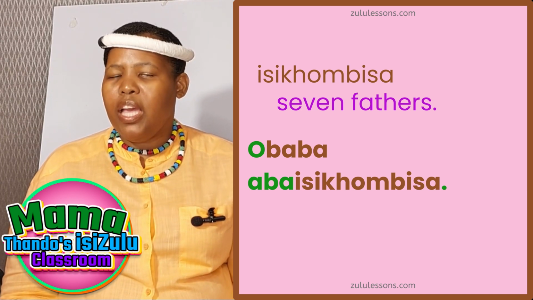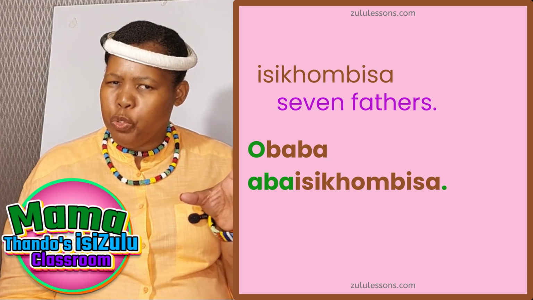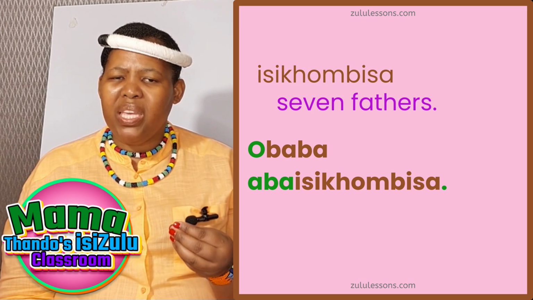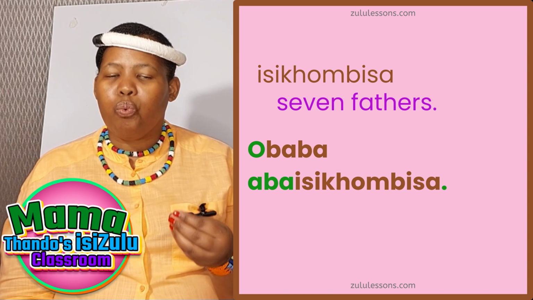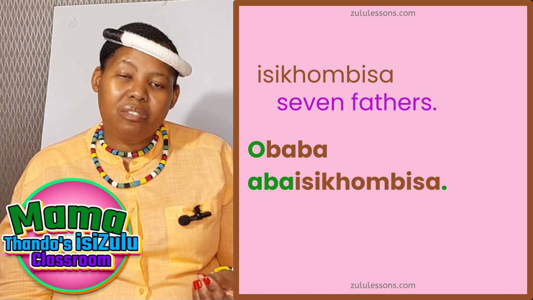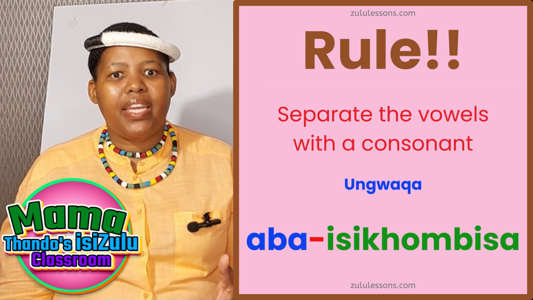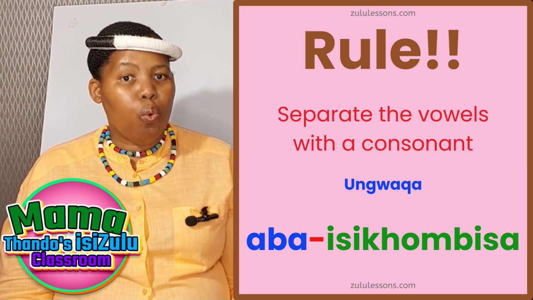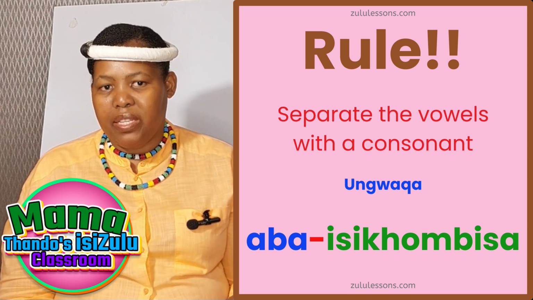As you are saying the words, trying to smoosh them together, you hear yourself making a sound like y, with that I. And so that is one little hint or clue that I can give you to remind yourself which consonant, ungwaqa, to put between these two vowels to separate them.